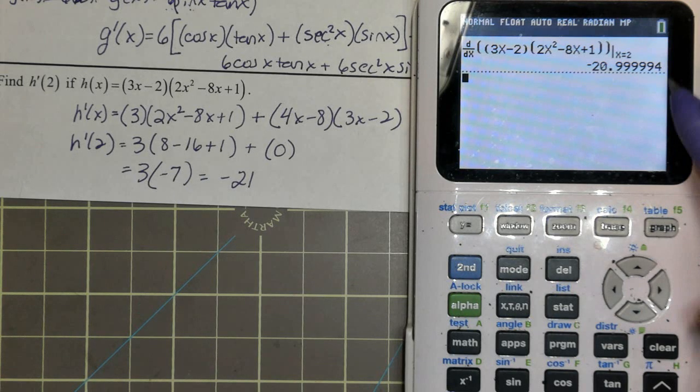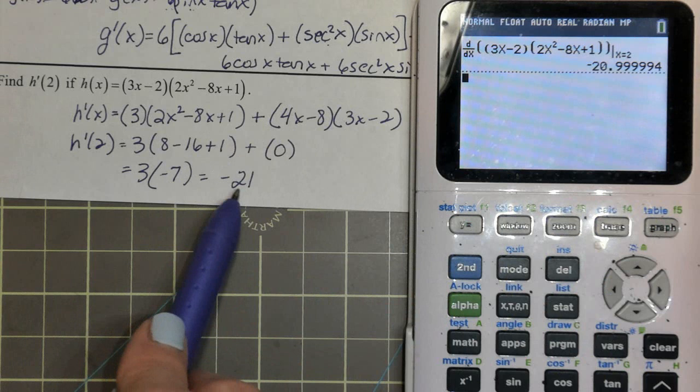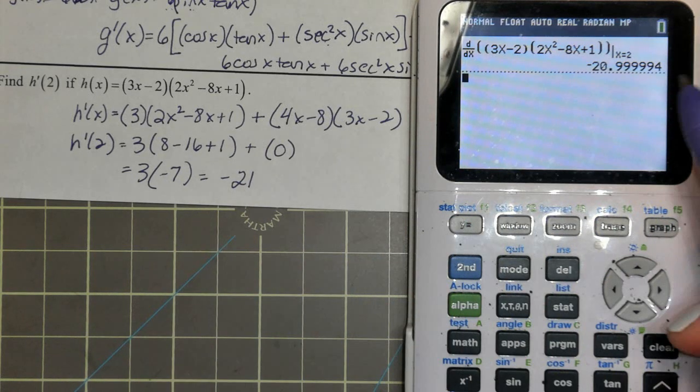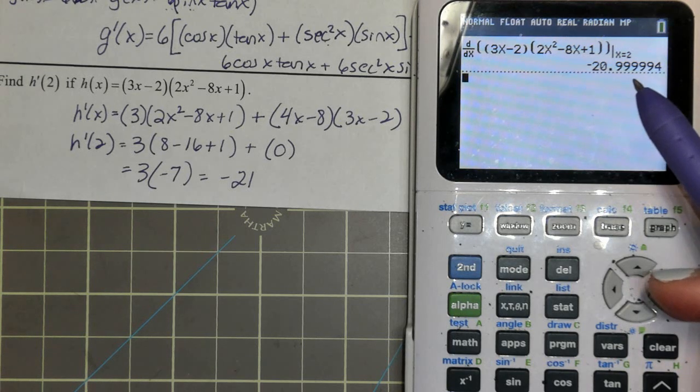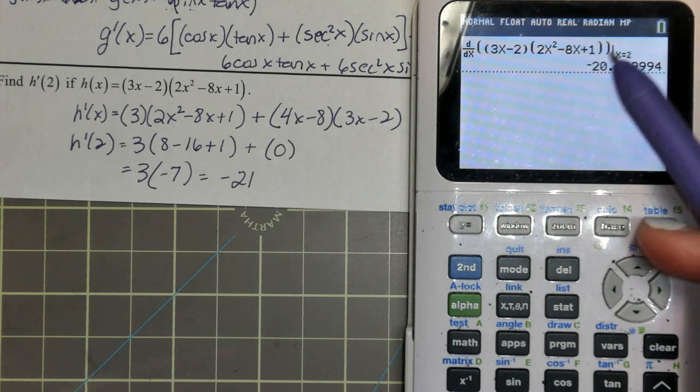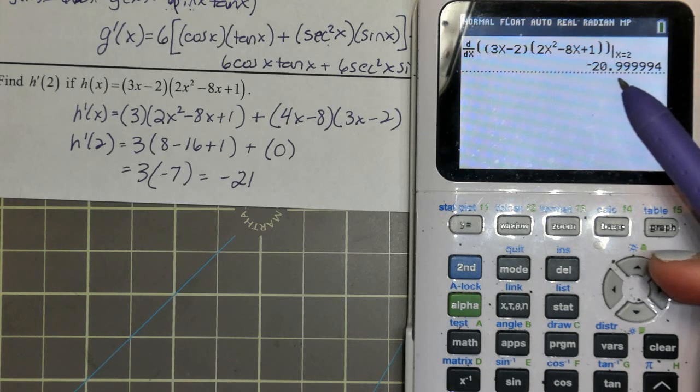So what you're seeing back here is a little error. It has reached its tolerance level. This is the exact answer. This is the calculator's numeric approximation. And it's a very, very good approximation. But when you read something like this, you need to interpret it as negative 21.